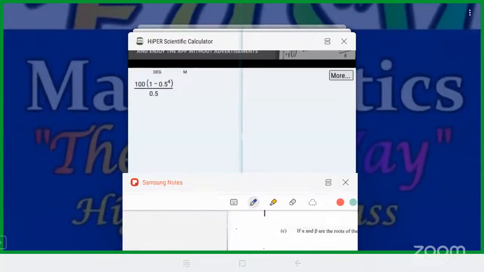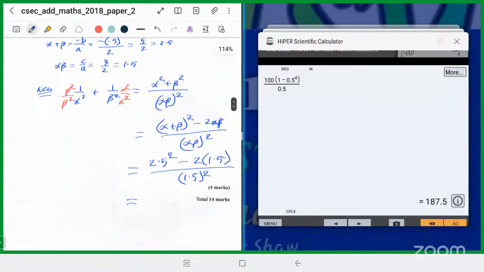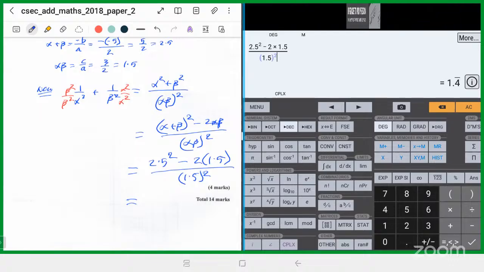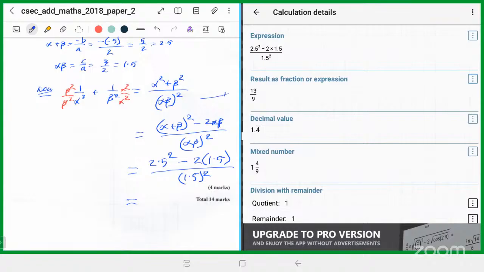Quick and fast. So the fraction, that's 2.5 squared minus 2 times 1.5 divided by 1.5 squared. We'll get 1.44, which we can express as a fraction, 13 over 9. So it becomes 13 over 9, or you can put this one as 1 and 4 over 9.